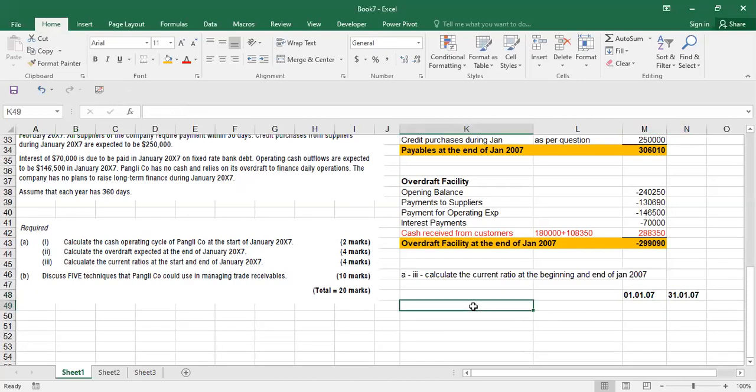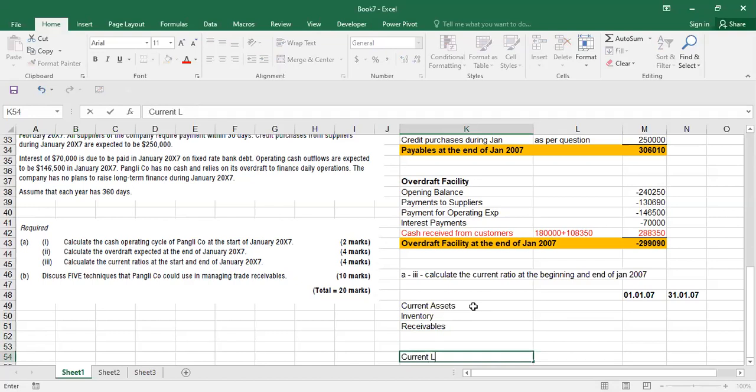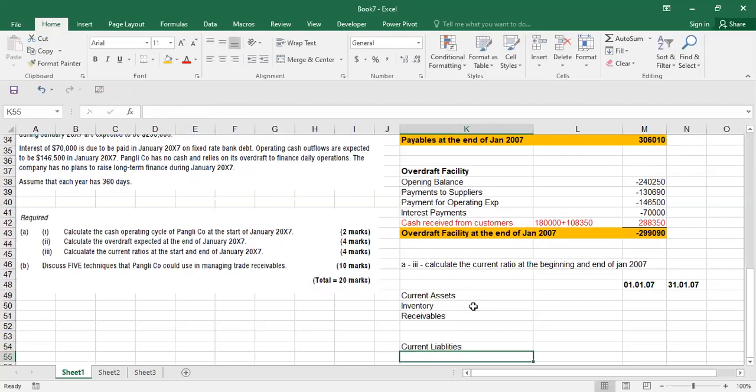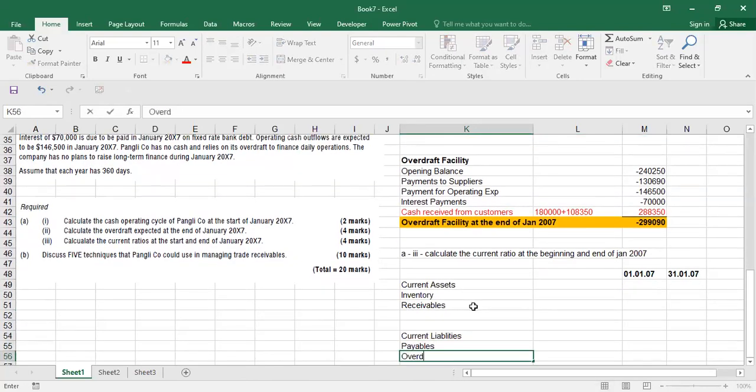And we know that current ratio means current assets divided by current liabilities. Your current assets in this case are only your inventory and your receivables, and your current liabilities are your payables and your overdraft.